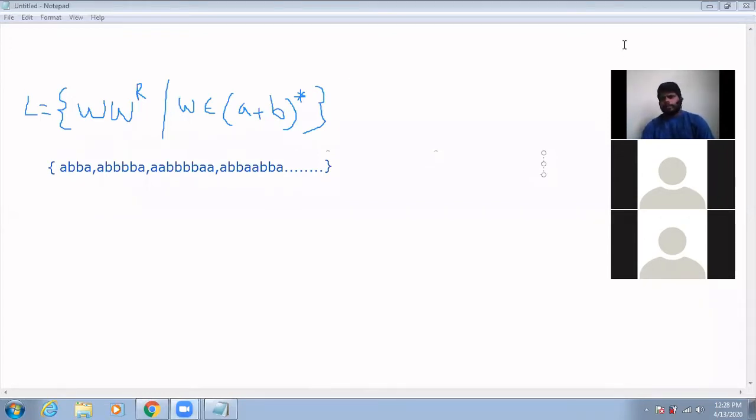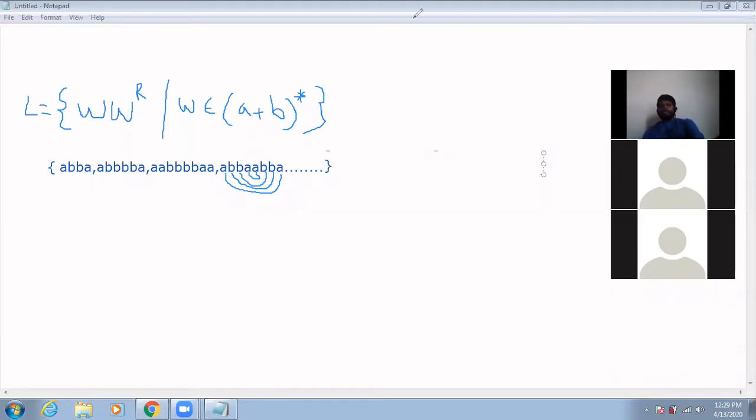Take whatever example, here the starting and ending symbol is always the same. Next also similarly B, here also there is a B, and similarly we have the same symbols, this B and this A. That's it. This is the logic, simple, right?